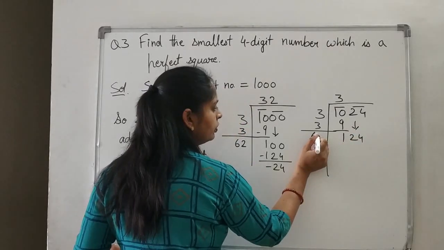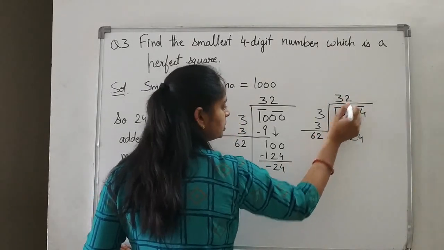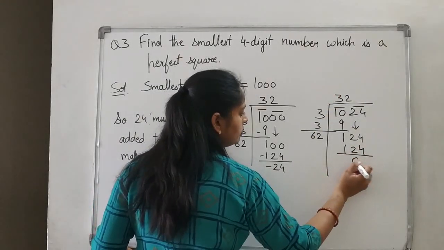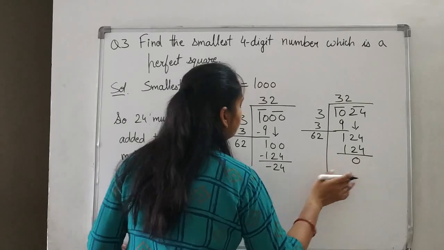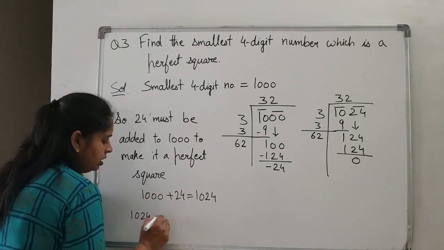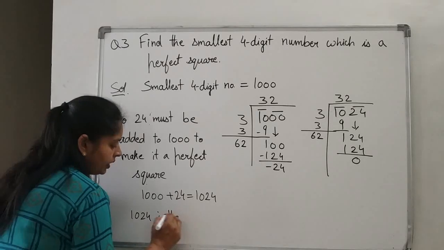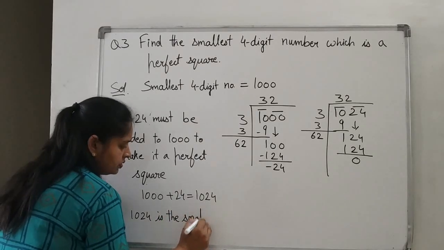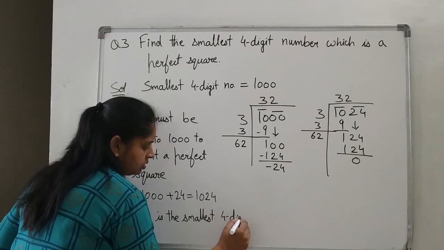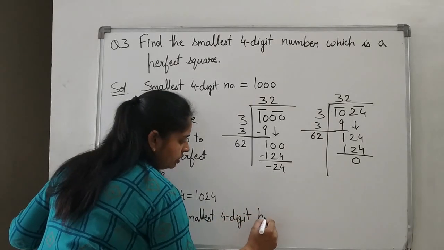And when you go for 62 2s, 62 into 2 will give you how much? 124, and the remainder is 0, means it's a perfect square number. Hence 1024 is the smallest 4-digit perfect square number.